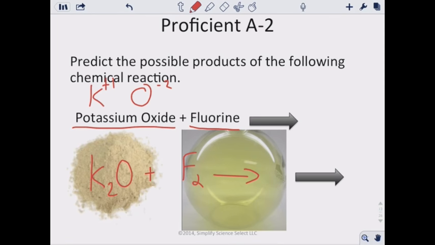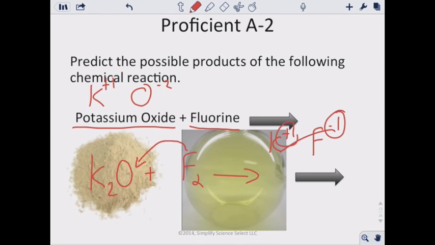Well, when we're looking at this, the one thing that we'll point out here, in single replacement reactions, so far, the element that's been by itself has been a metal. And in this case, it's a nonmetal. And so this nonmetal is going to try to replace that nonmetal. So nonmetals replace nonmetals, metals replace metals. So that fluorine is going to try to bump off that oxygen and create potassium fluoride, which is KF.